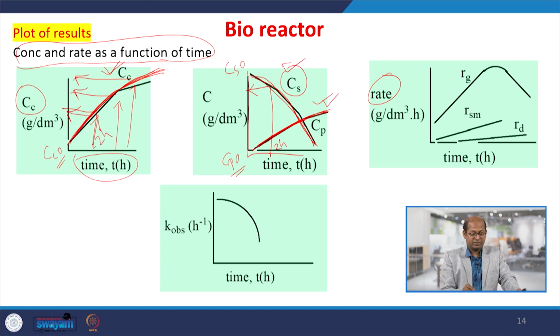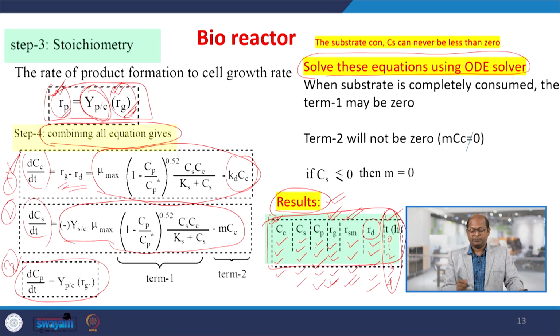So, the corresponding substrate concentration and cell concentration we know, and then the rate of formation of new cells, the Rg value, will come automatically from the ordinary differential equation solver.